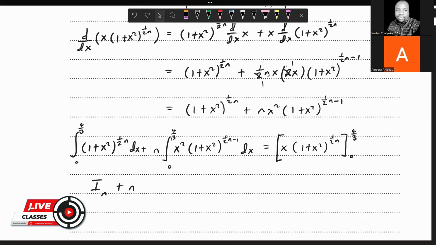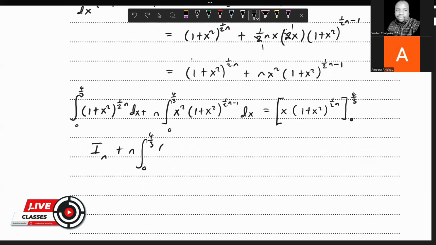Now, one way we can do that is to say this is the same as the integral from 0 to 4 over 3 of, and for x squared, it's like 1 plus x squared, but with a minus 1, okay? That's 1 plus x squared to the half n minus 1 with respect to x.